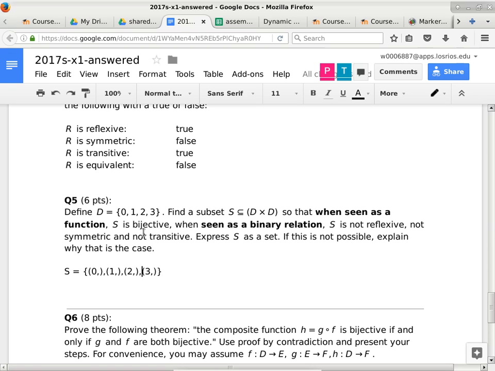So that makes it easier. We just have to make sure that they each pick a different second element. So (0,3), (1,2), (2,0), and then (3,1). Okay, that works. Is that okay? Yep. What if you pick (2,1)?